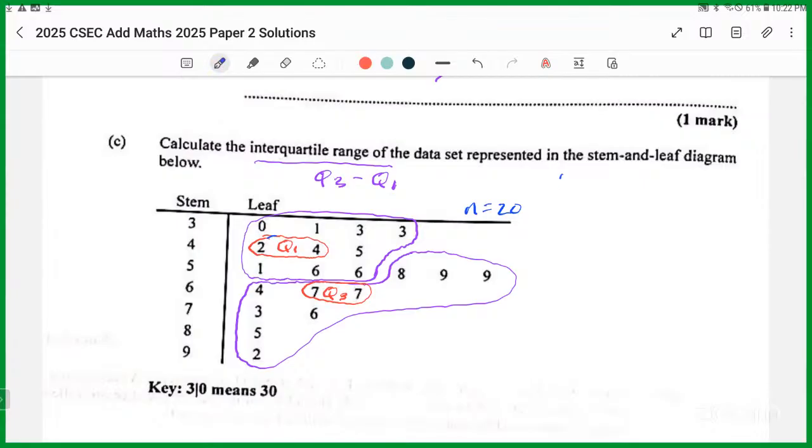The position of Q1 is one quarter of 20 plus 1, so one quarter of 21, which is 5.25, which will be the average of the fifth and the sixth.